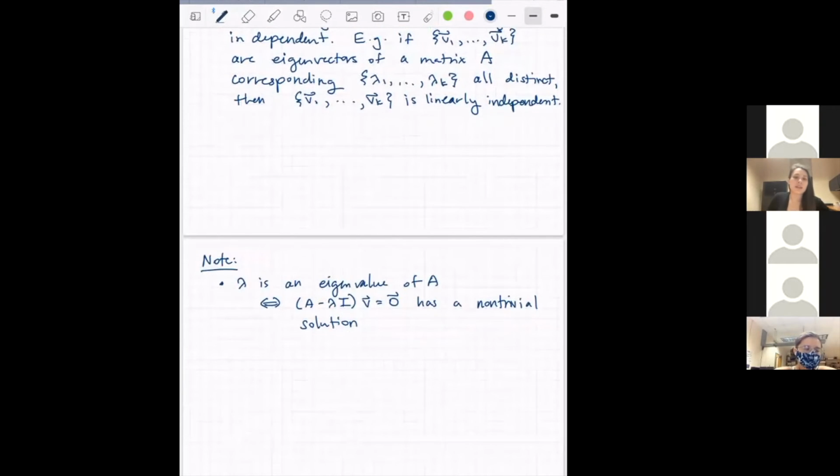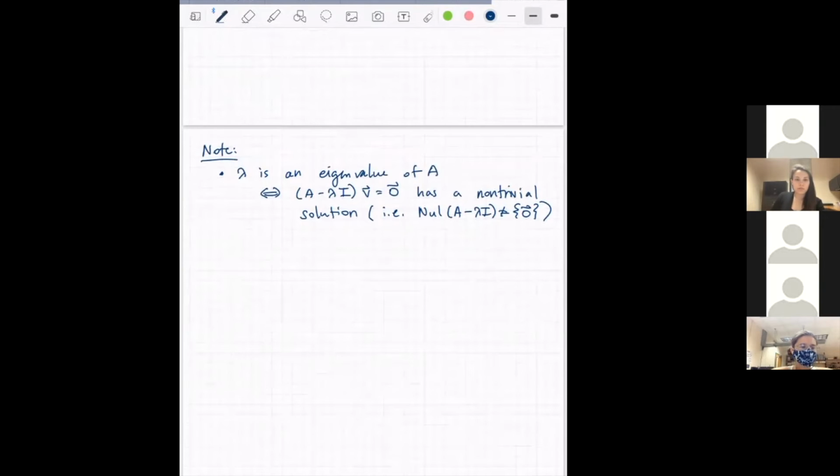If it had a trivial solution, then our supposed eigenvector is just the 0 vector, which is not allowed, right? Okay, so this is true if the null space of A minus lambda I is not just equal to the 0 vector.